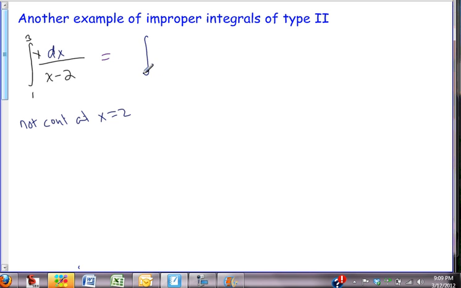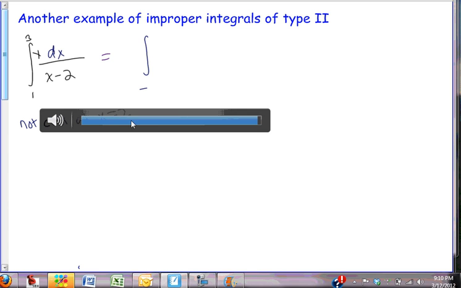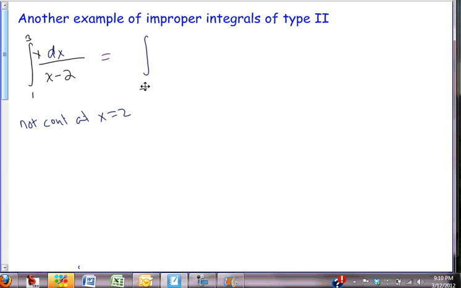So what we're going to do to evaluate that is to break it up from 1 to 2, excuse me, and from 2 to 3.